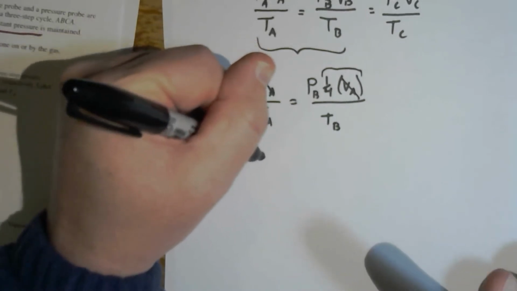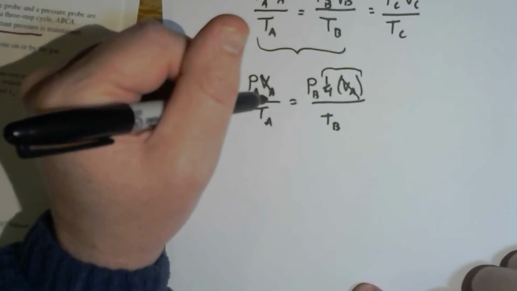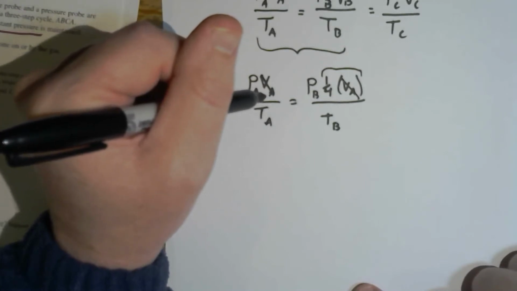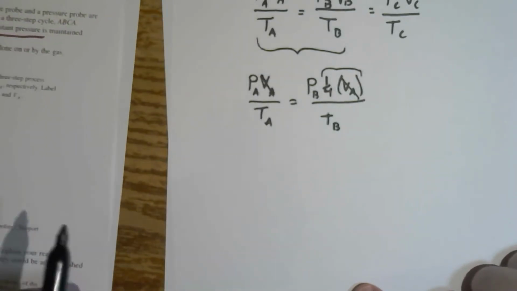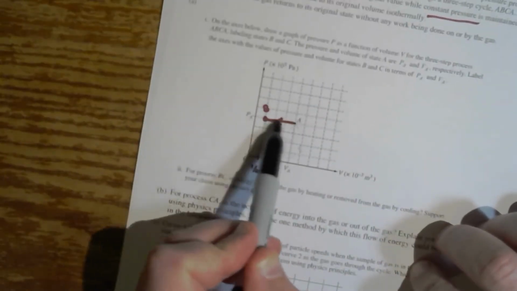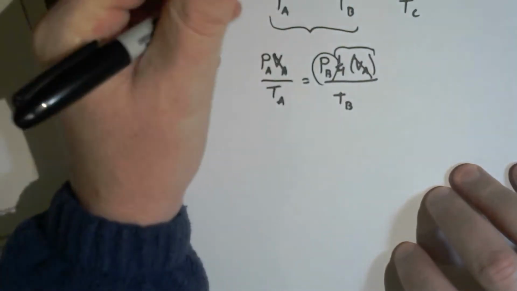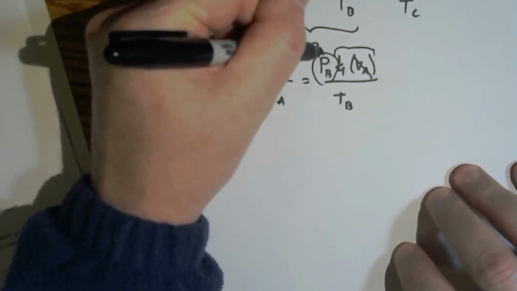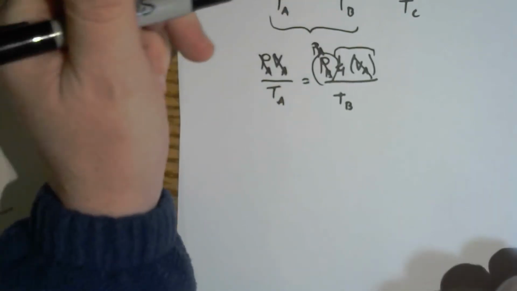Now, it also tells us that the pressure at A will be the same as the pressure at B, because it's going to be an isobaric process. That's what it says. We're going from A to B across this line at the same pressure. So that means that the pressure of B, this term right here, is exactly the same as the pressure of A. So if I make that substitution, my pressure at A term goes away.